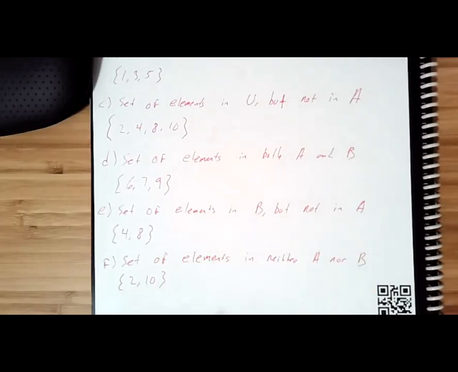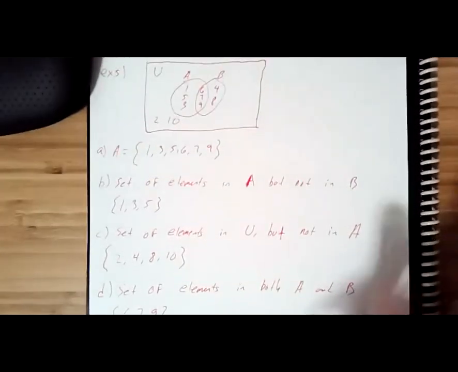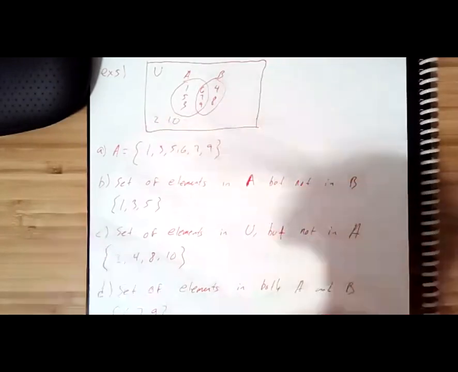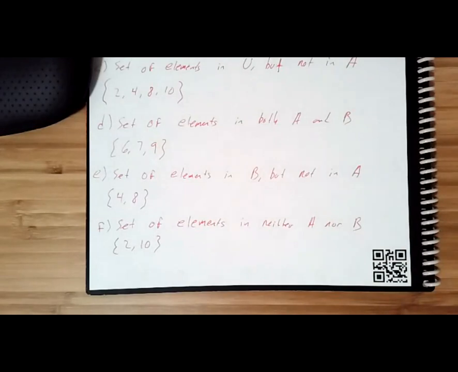The two elements 2 and 10, right? Look at the picture. Those are the only two numbers outside. Any questions on example 5?